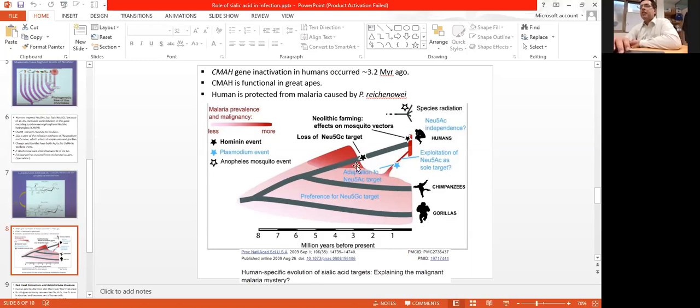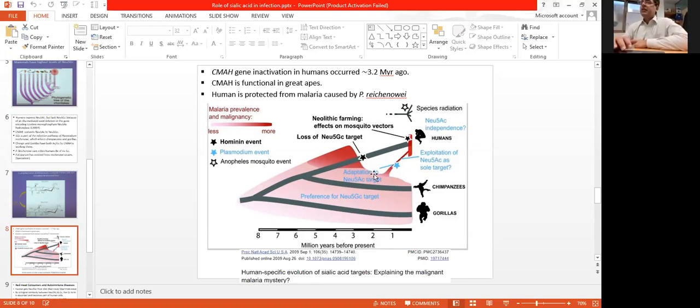But after suffering came this change, this inactivation of the gene which is required for this particular purpose. And then for millions of years, our ancestors, the hominins particularly, did not get any malarial infection.